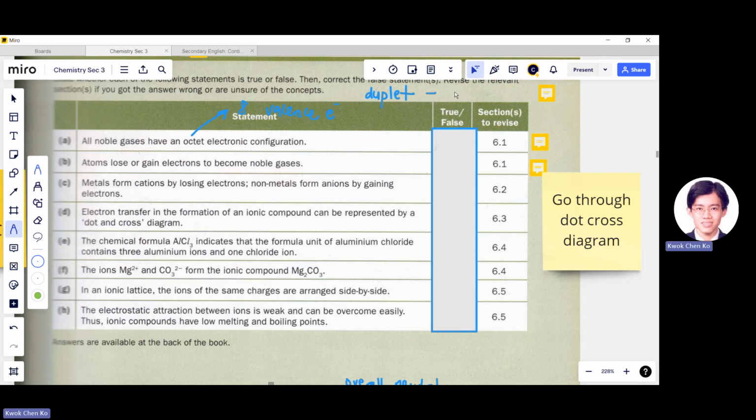Duplet means 2 valence electrons, but there's a qualifier. 2 valence electrons is the only shell.